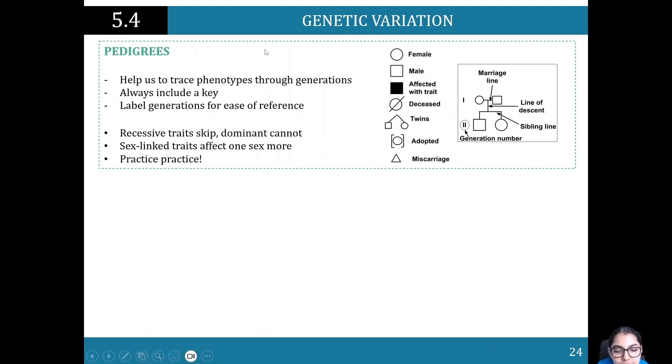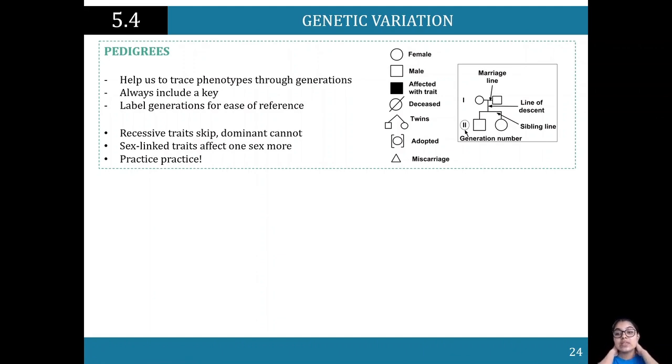Essentially, as you can see here, we have a pedigree. There is the marriage line between a female and a male, and they have 2 descendants. They have a son and a daughter, and that's a sibling line between the two. So this is how we draw pedigrees based on the information we're given, and it helps us determine inheritance as well.